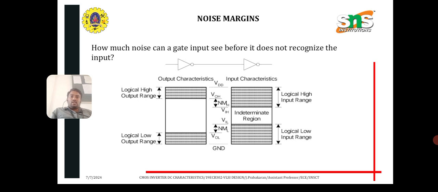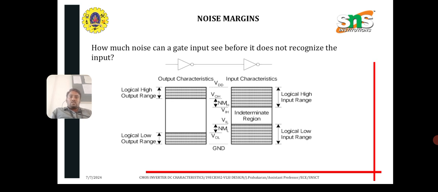Logic high, logic low. The purpose of noise margin is to ensure that variations in input signal level due to noise, voltage fluctuation, or other interference do not cause the circuit to misinterpret a logic level. Noise margin provides a buffer against uncertainties in signal level, enhancing the reliability and robustness of digital circuits.